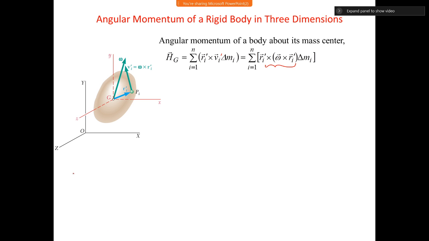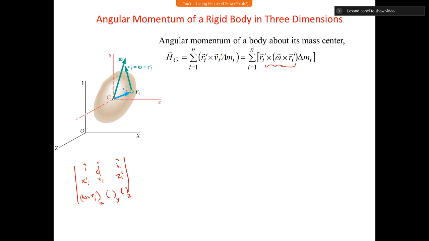So ri prime has components along i cap, j cap, k cap, namely xi prime, yi prime, zi prime, and then omega cross ri prime is going to be a vector, but let's write its x component here, its y component here, and its z component here, right?